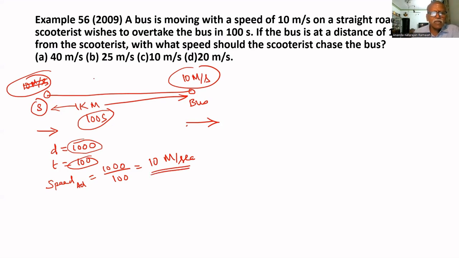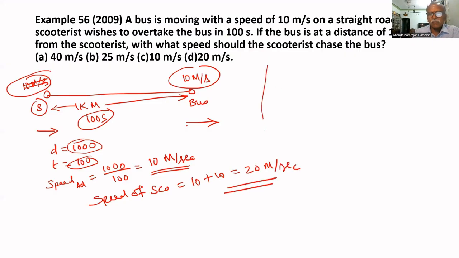Let us assume that initially both are at the same speed. Now additional speed is required, so 10 meter per second. Therefore, speed of scooter to overtake the bus in 100 seconds equals 10 plus 10 equals 20 meter per second. Then it will overtake in 100 seconds.